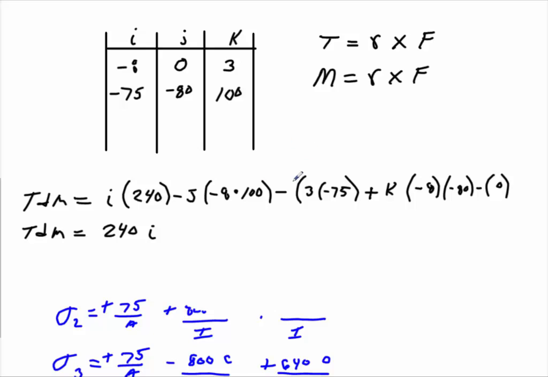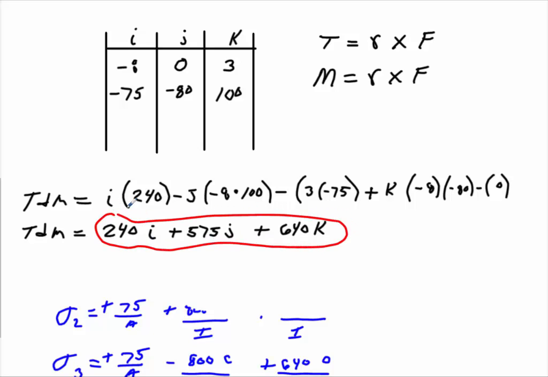That gives me -75, so that gives me plus 575J. Value here, I'm going to do this one here. I get 8 times 80. Again, those are both minus. That gives me plus 640K. Okay, so if you do it this way, you really cannot make a mistake. It's too easy. Again, if it's fairly complicated, it's really quite easy to make a mistake.